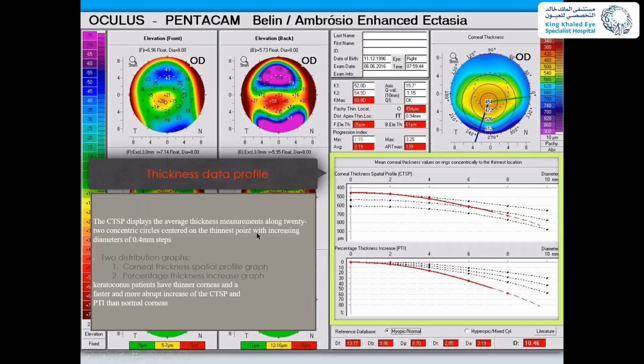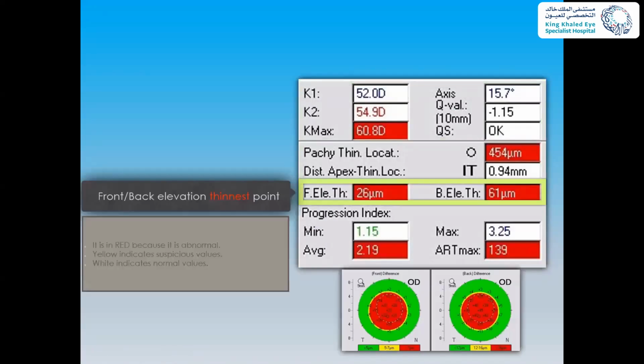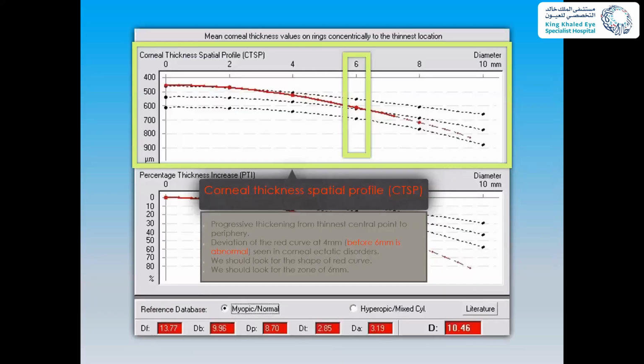A faster and abrupt increase of CTSP means there is something wrong. Again, it's a bit too complex for you guys to know this, but as I keep telling you, keep in mind that red is abnormal. So we talked about this and the readings are there, but again, you don't need to remember this. Apart from that, these are the progression indices developed by Renato Ambrosio, just to tell you that this is very sensitive. But just keep in mind that anything red is suspicious here.